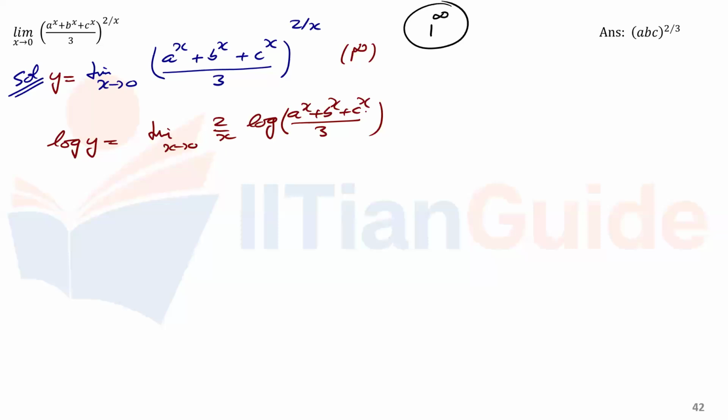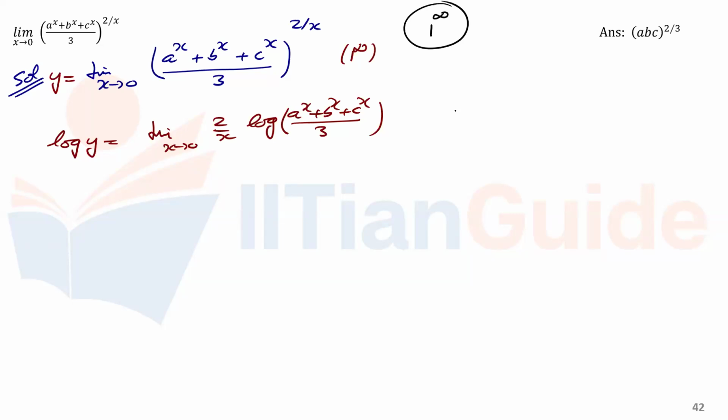ठीक है. Now x is tending to 0. If you put x to be 0, I am showing you in the numerator: a^0 is 1, b^0 is 1, c^0 is 1, 3 by 3, log 1 basically 0, and here x is tending to 0. ठीक है. So I am getting into 0 by 0 form.